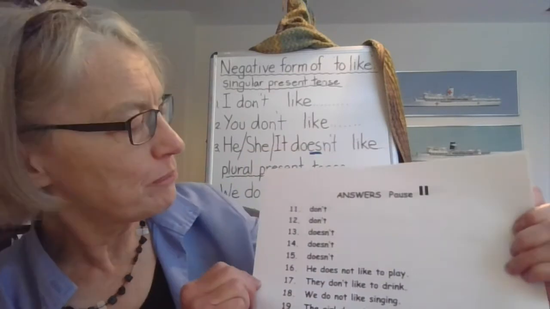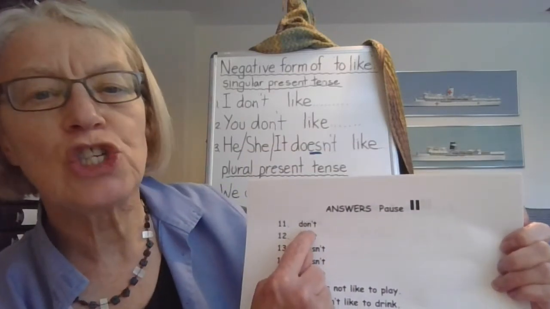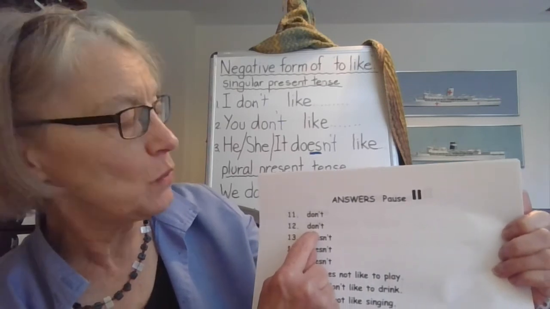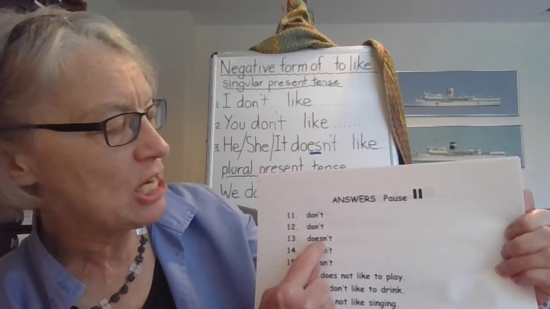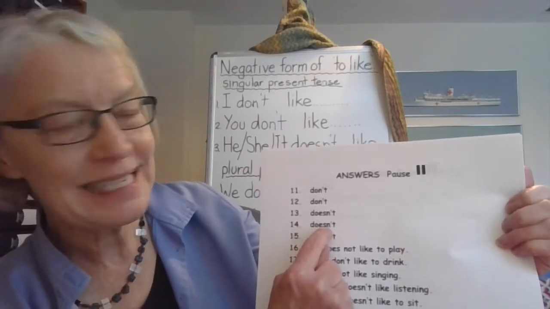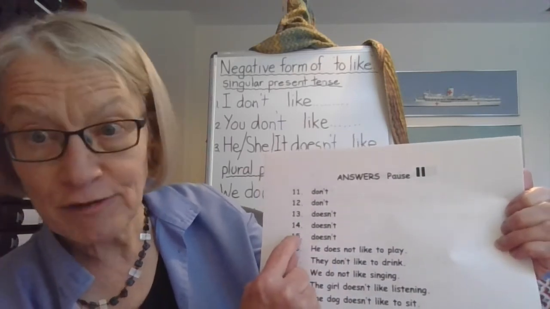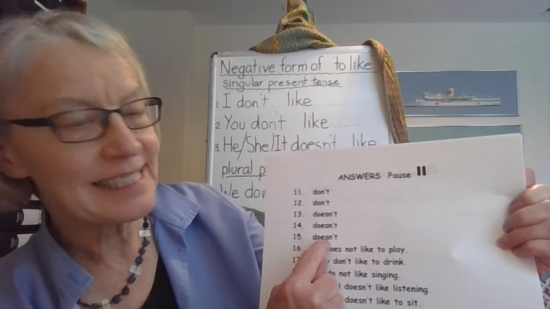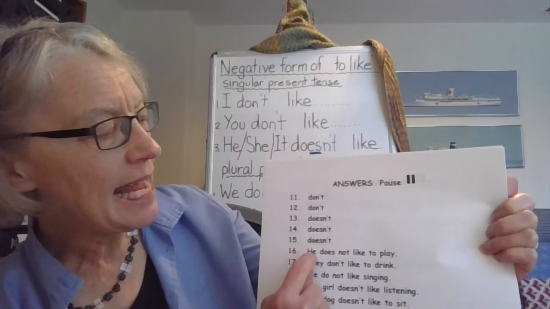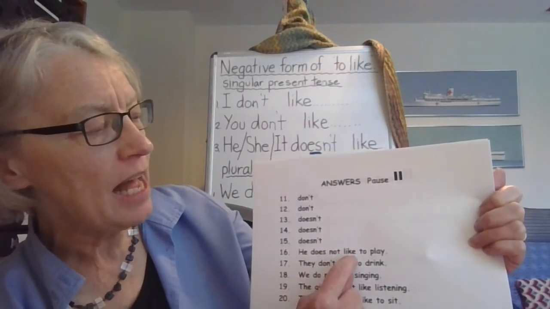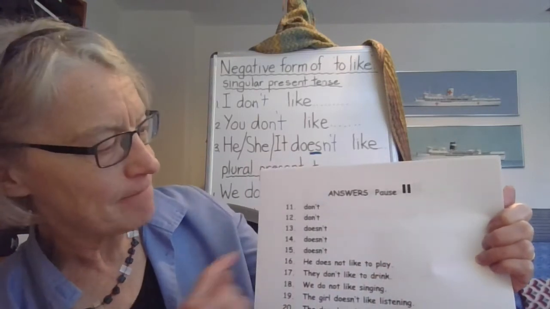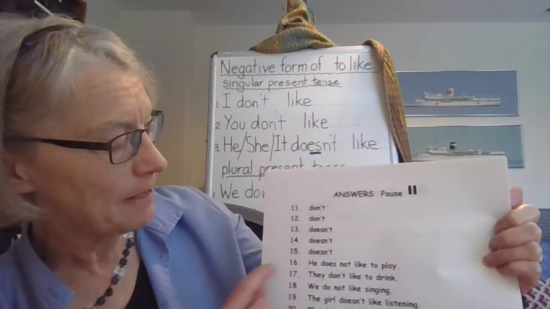Number 11 should be don't. Number 12 should be don't. Number 13 should be doesn't. Number 14 should be doesn't. And number 15 should be doesn't. Number 16, he does not like to play, with a full stop at the end and a capital letter at the beginning.